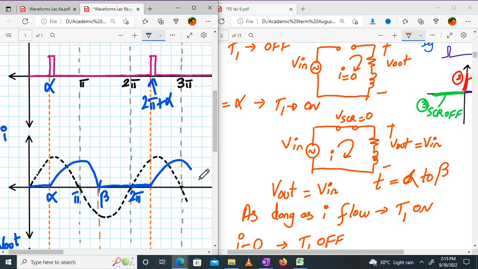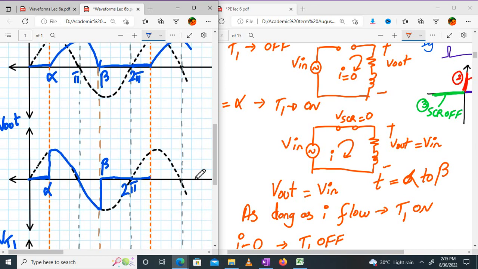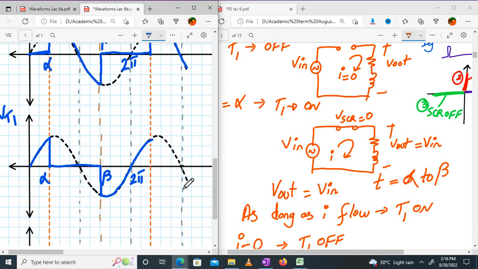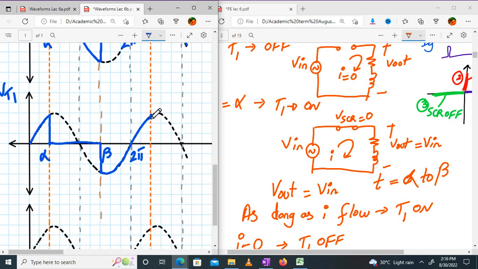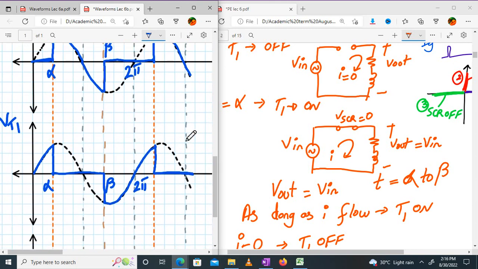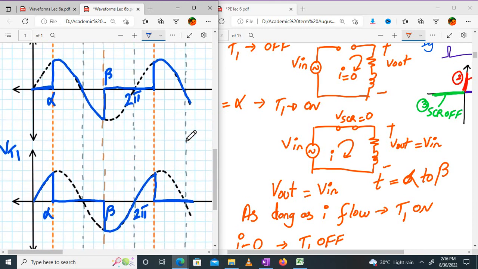I am not showing it, it will be repetitive. And during this time, the voltage across the output will follow the input. Right? Voltage across the SCR will be 0 till 2 pi plus beta. Right? So these will be the waveforms.